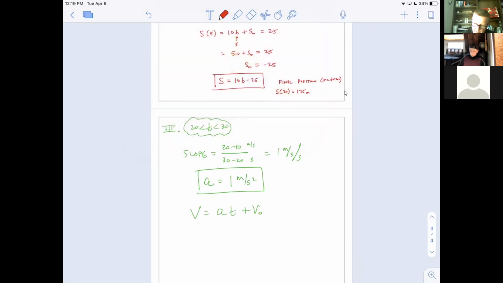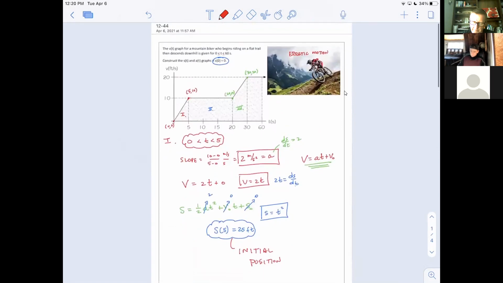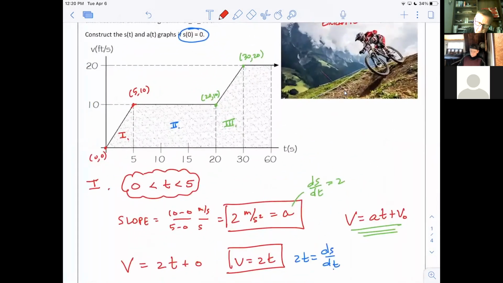So didn't I just figure out that the acceleration is 1? What's the initial velocity? Again, it's the initial velocity in this time frame, not clear back to the start. What was my velocity when I started that time frame? Wasn't it 10?